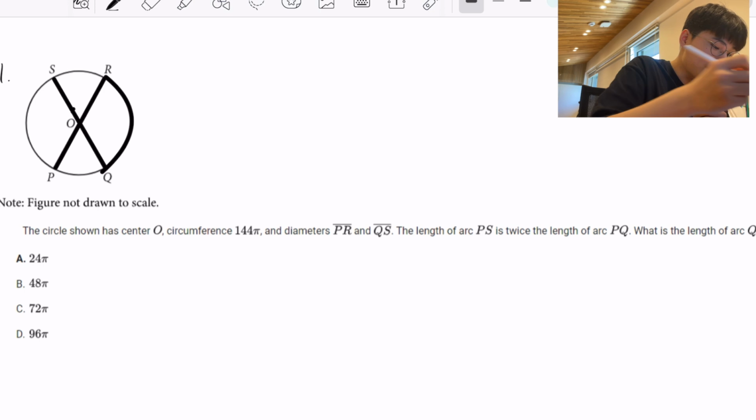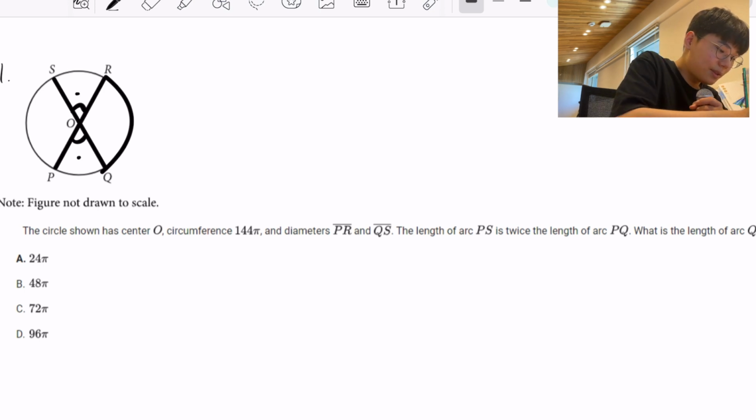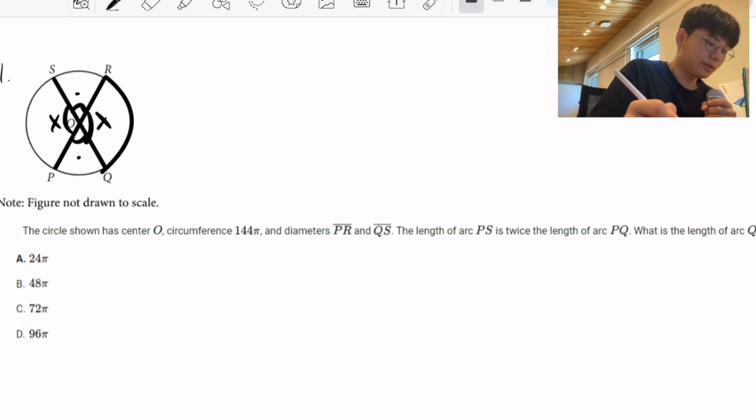What we can infer from here is that these two have the same angles, and these two have the same angles as well. An arc length is related to the degree of the arc, and since PS and QR have the same degree as x, we can safely say that the arc lengths of PS and QR are the same.